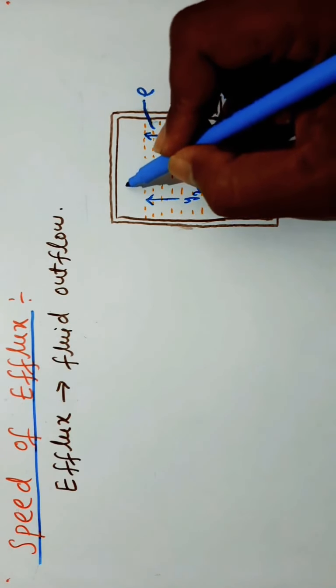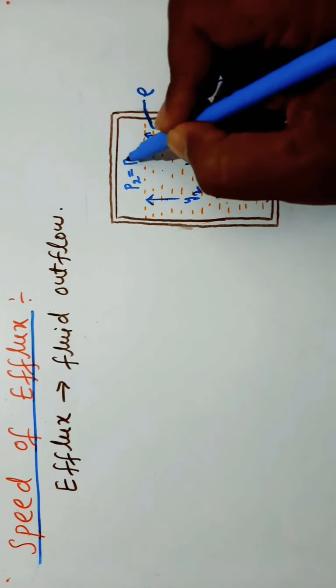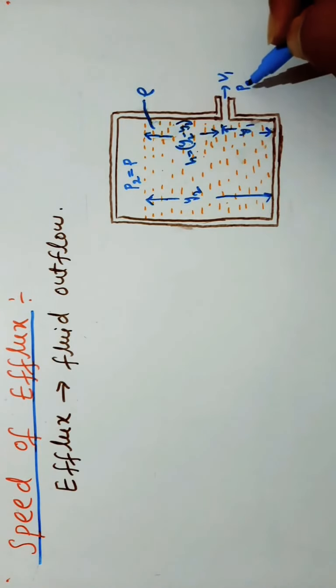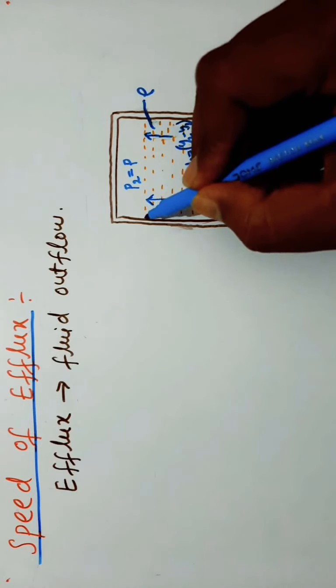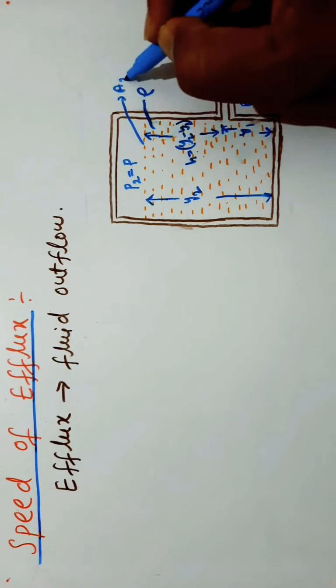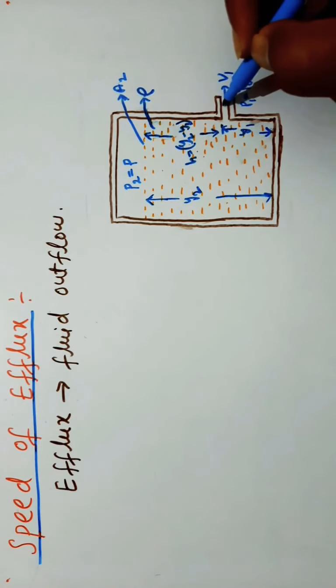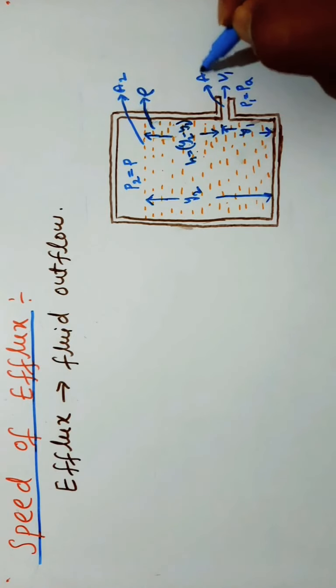At this point the pressure is, let us take P2 equal to P, and here P1 is equal to PA, and the cross sectional area of the tank is A2. Here the cross sectional area is, let us take A1.